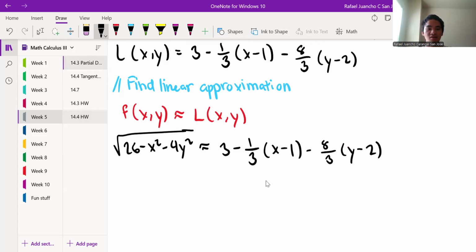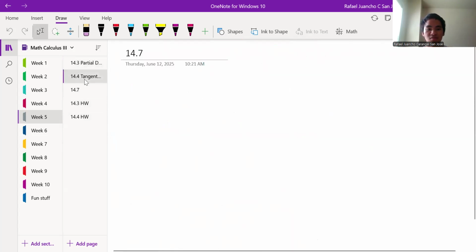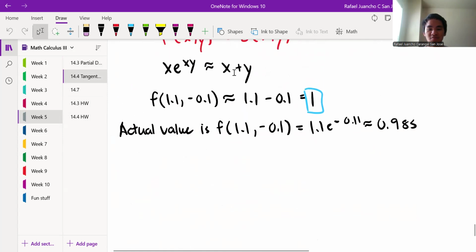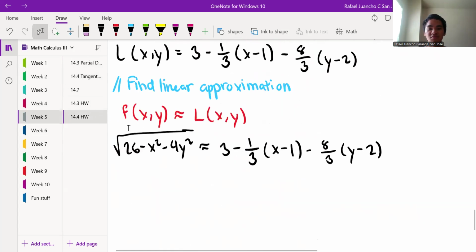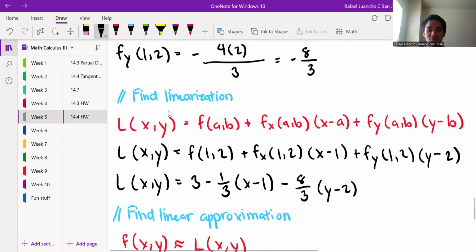If I plug in 1 and 2, it should be approximately L of (1, 2), which I haven't done.